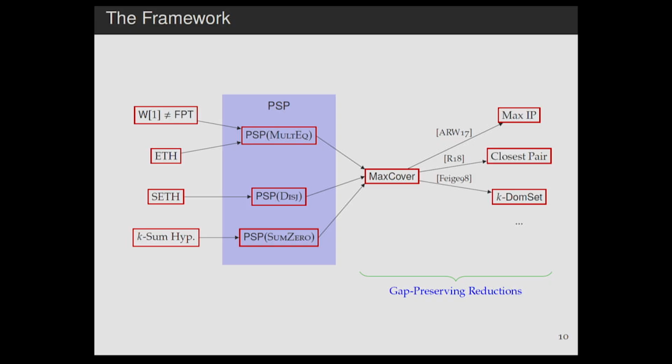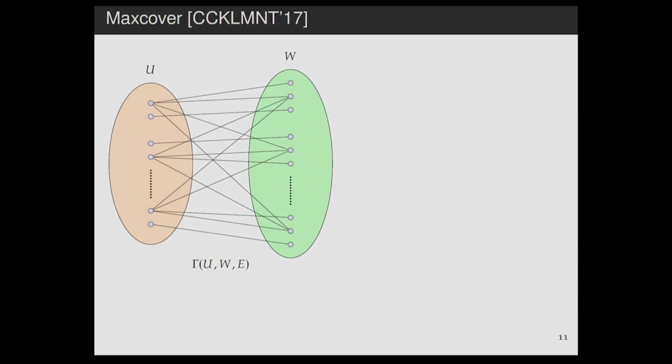Okay, so now let's try to go through it step by step. As you can see here, the problem that is at the heart of this framework is this label cover variant, which we call max cover. So let's quickly go over it so that we know the definition and we can go from there. Okay, so what is a max cover? A max cover instance consists of first a bipartite graph.